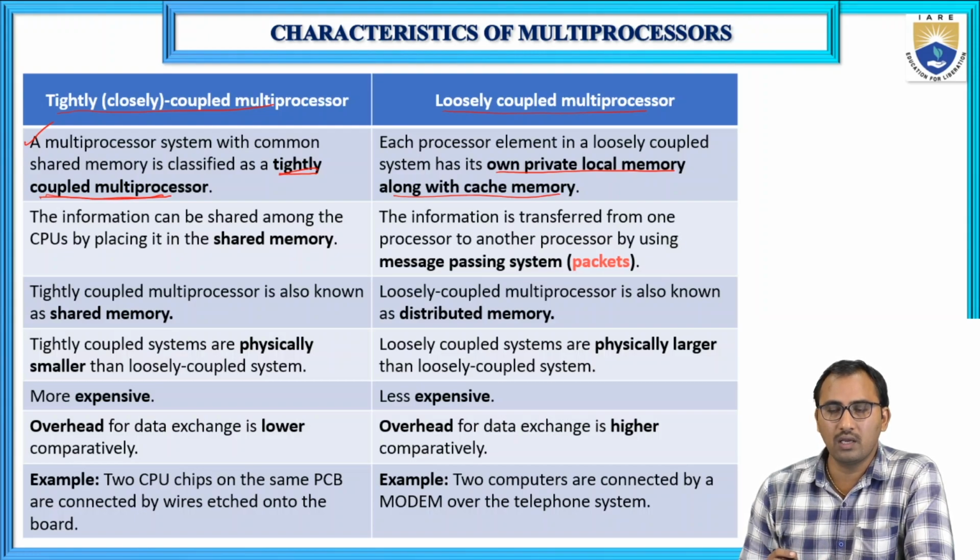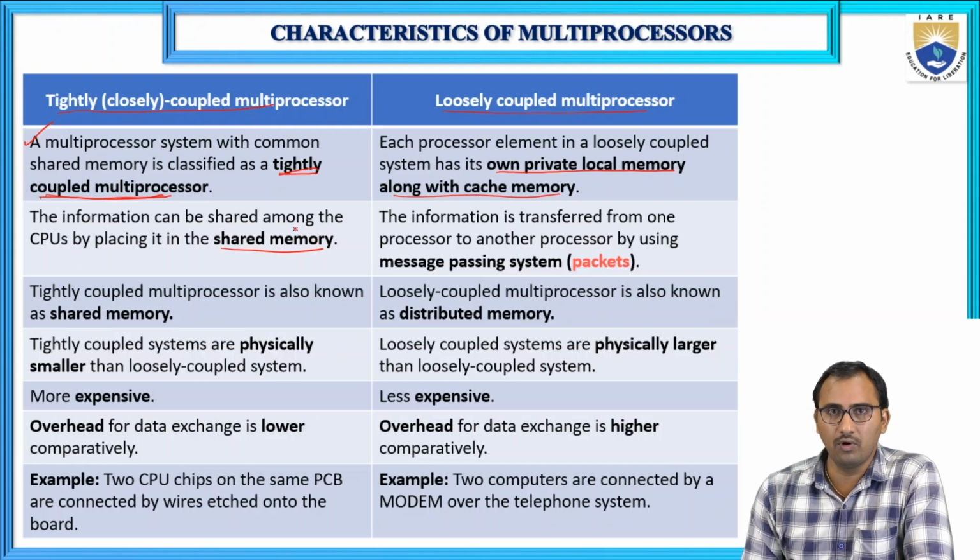But in a loosely coupled multiprocessor system, every processor has its corresponding memory. That is the main difference between them. And the second difference is that information can be shared among the CPUs by placing it in shared memory.